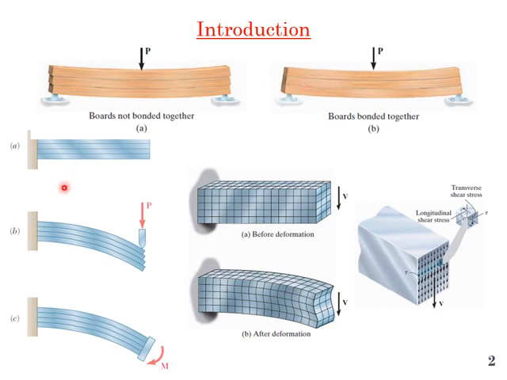Or if you consider a cantilever beam with the end support, and you apply load at the free end, and it is made up of multiple planks, the planks will slip with respect to each other.